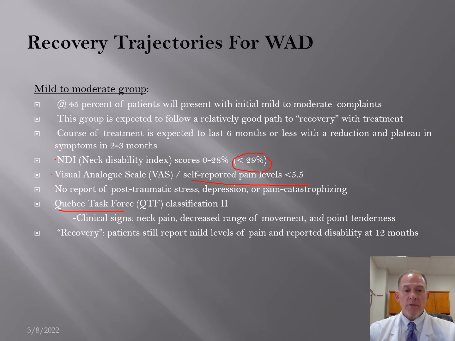Recovery for these patients is still reported at the 12-month post-accident date to give them some mild to moderate functional deficits. So this is a very reasonable method of assessing your mild to moderate whiplash patient. And so let's go on to the next group.